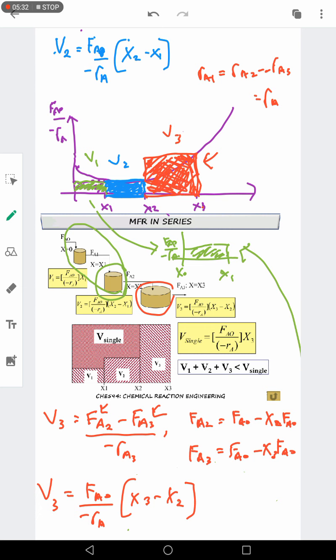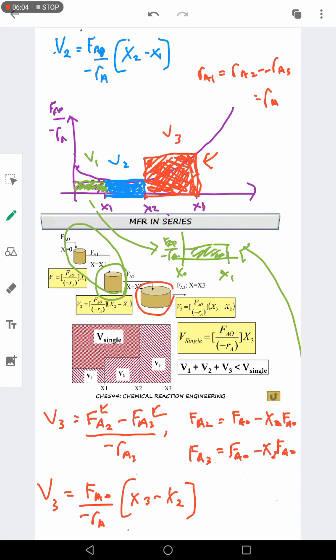And I like to emphasize here that if just now, kalau PFR in series, we can regard that as one or single PFR, a long PFR to represent 3 PFRs. Ini tidak sama dengan MFR in series.